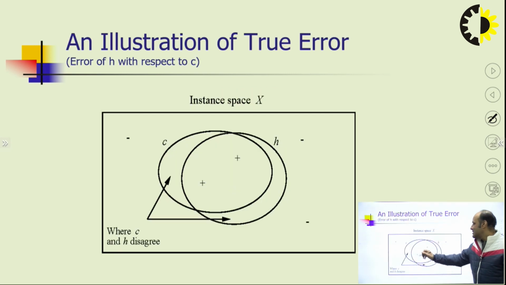Here you can see this is the instance space. This oval is C, and this is H. Where C and H disagree, there the error instances lie, and where C and H agree, it will consist of positive examples. So this diagram is showing the error of H with respect to C.